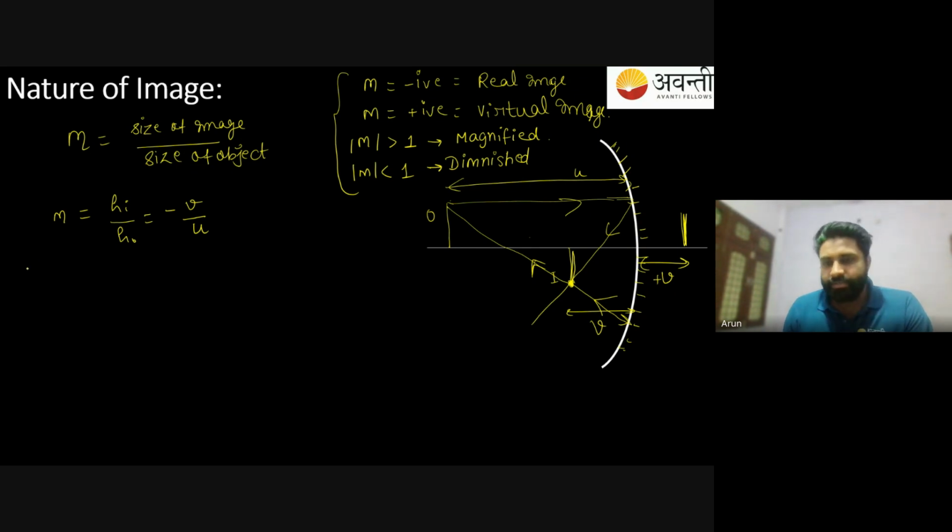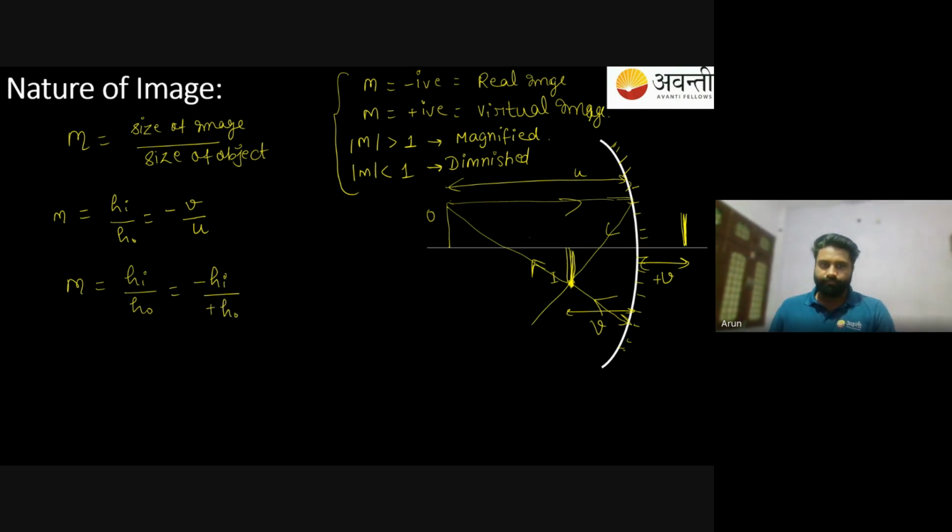So how to describe the nature of image? Will it be erect or inverted? This will also depend on the height of image and height of object. How? Look, if height of image is measured in negative direction, and height of object is measured in positive direction, meaning plus ho, so this ratio will come out as what?